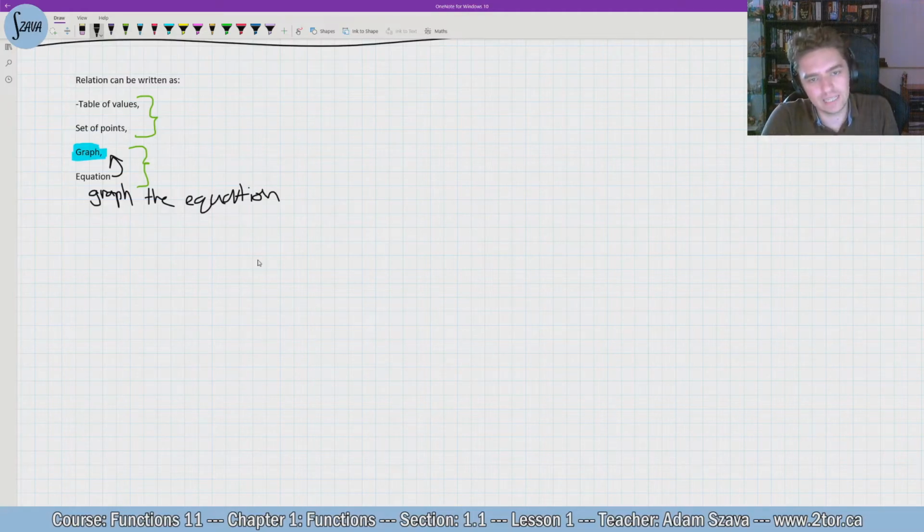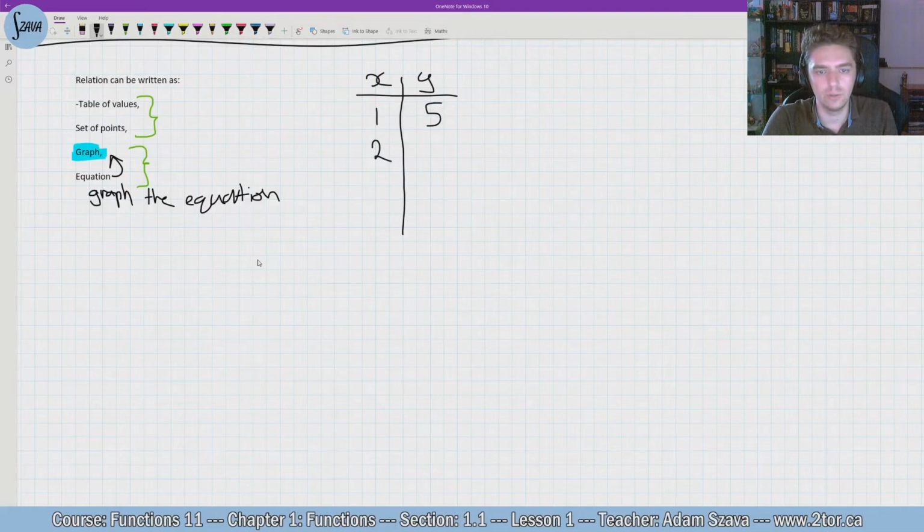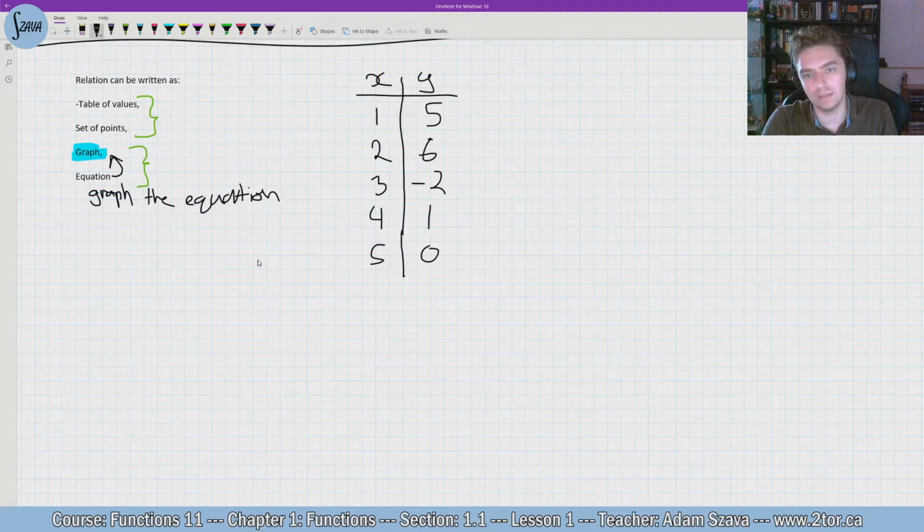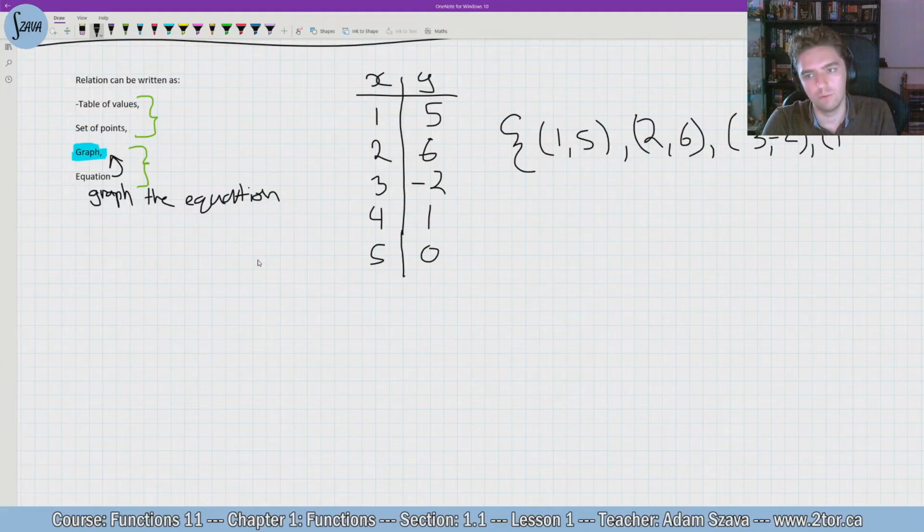First thing I want to note is that a table of values and a set of points are the same thing. So if you have a table of x, y values, like maybe 1, 5, 2, 6, 3, -2, 4, 1, 5, 0, right? This is the same thing as a set of points: 1, 5, 2, 6, 3, -2, 4, 1, and 5, 0, right?